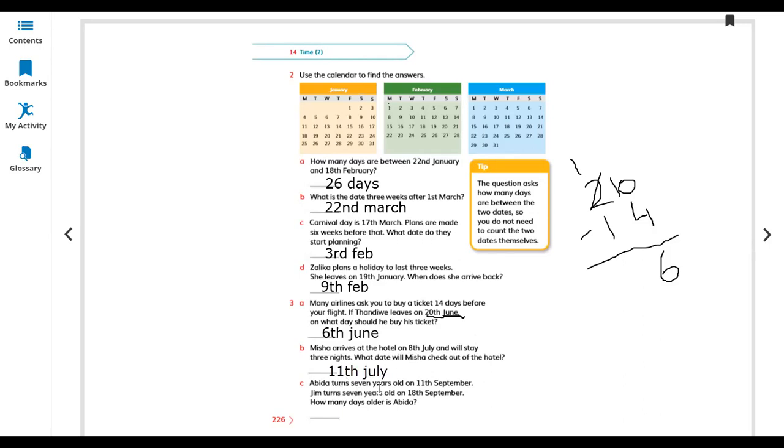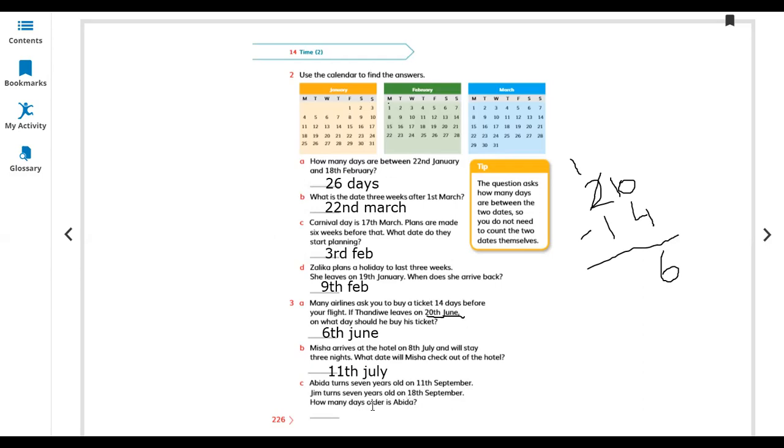Abida turned 7 years old on 11th September. Jim turns 7 years old on 18th September. How many days older is Abida? Just count it: after 11, 12, 13, 14, 15, 16, 17, and 18. 7 days. 7 days older. You can write here 7.